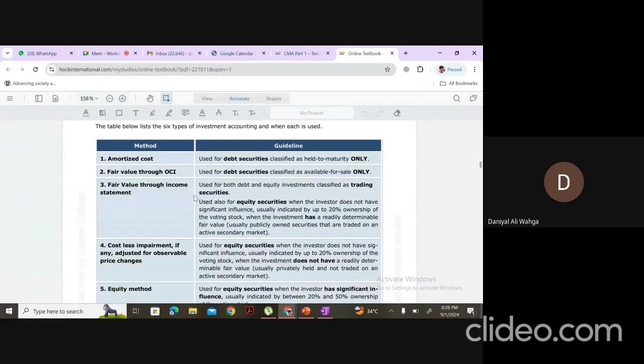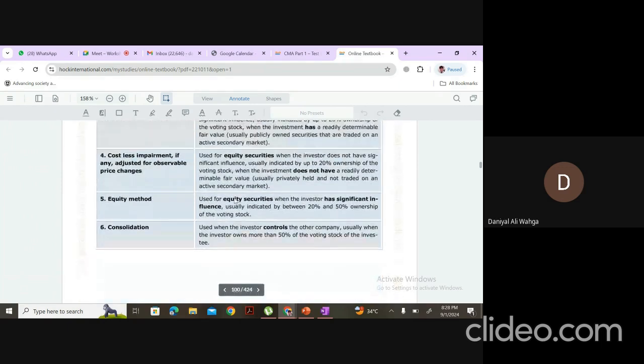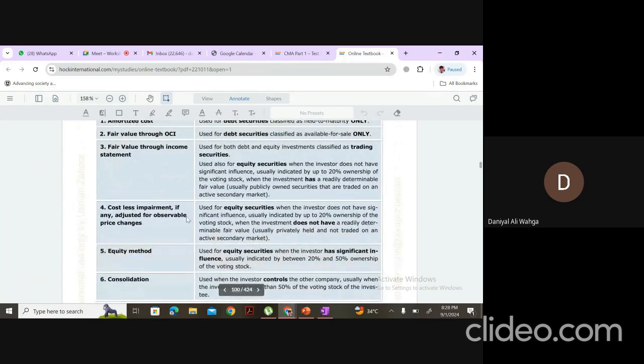Any gain and loss in them is recognized in the profit and loss account. Then there are certain circumstances which the book is discussing regarding cost, impairment, and any adjusted or observable price changes.